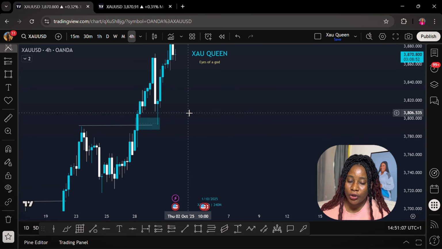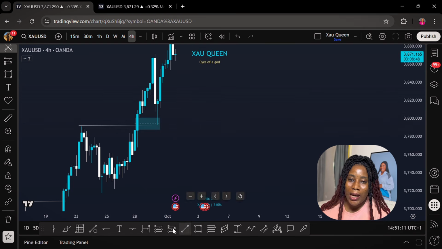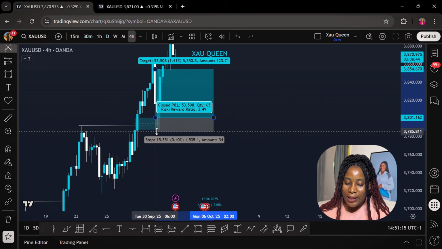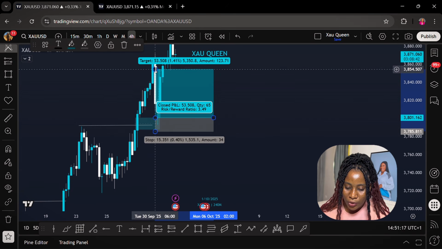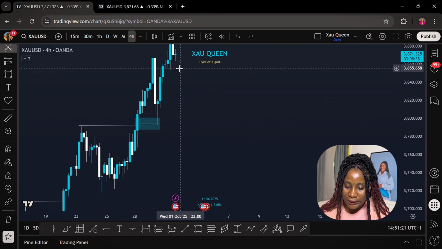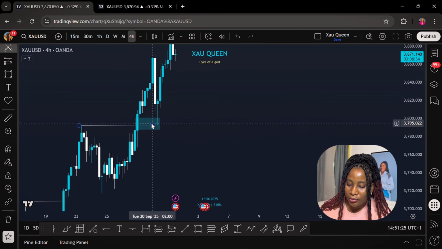It's in our structural area, overlapping with our structural zone. So I knew it was a high probability point of interest. Now, if I am to just enter directly here, the risk to reward is okay, but we could get more.